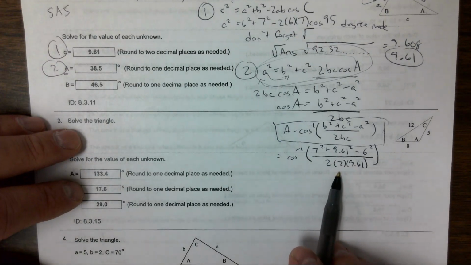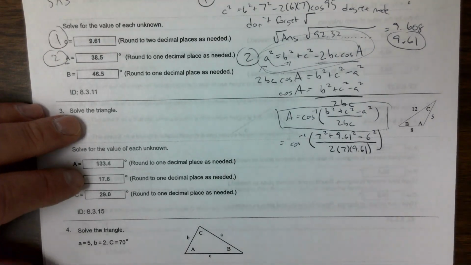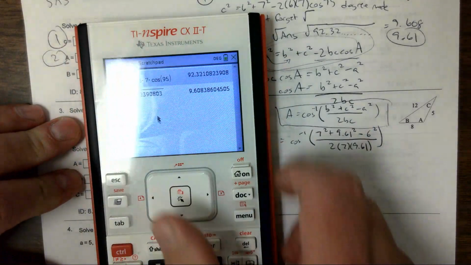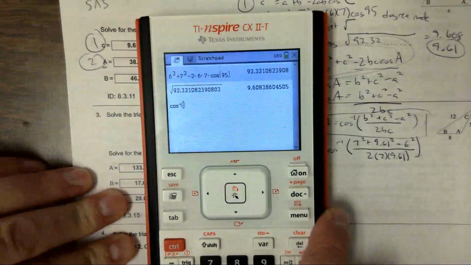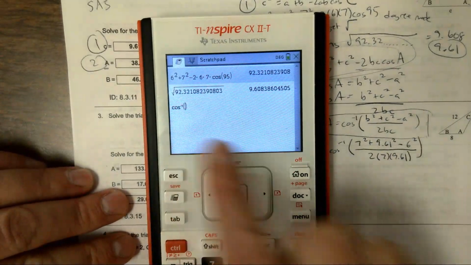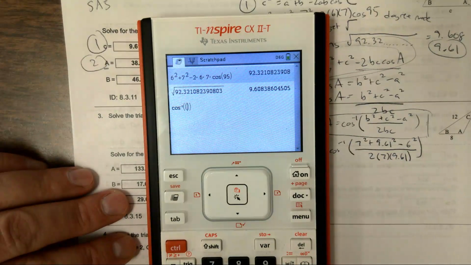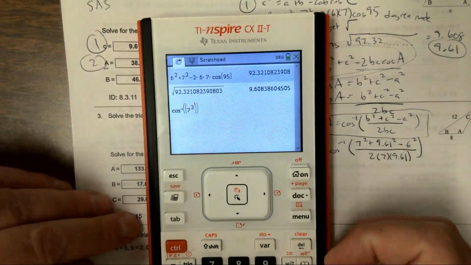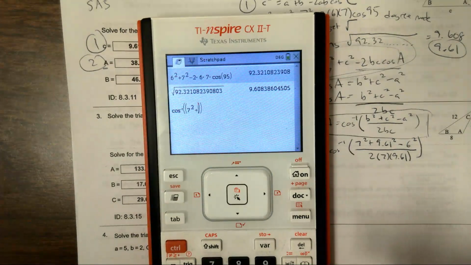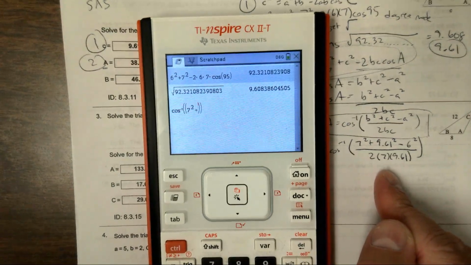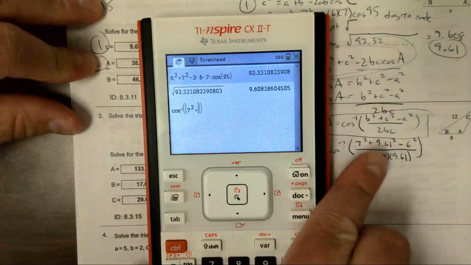Make sure yours looks exactly like mine if you're doing it all in one step, because you might have to use extra parentheses. For example, cosine inverse is going to want the inverse cosine of the whole thing, but we have a compound numerator, so I need a set of parentheses. And then I've got to type 7 squared plus. Now here's where, when I worked this yesterday, I can't really use 9.61. Use the original.